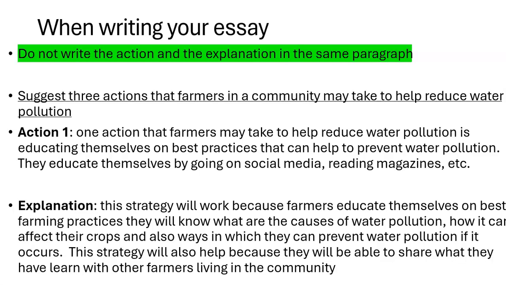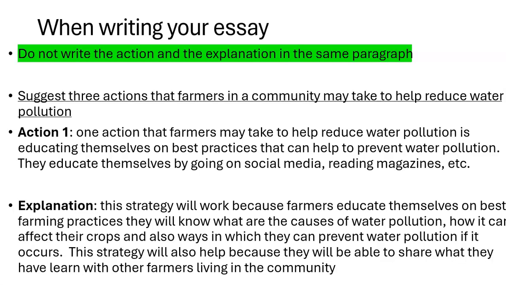There's no explanation. I am not clarifying why I believe that farmers educating themselves on best practices will work. The only thing I am doing in this paragraph is just to tell what farmers can do.